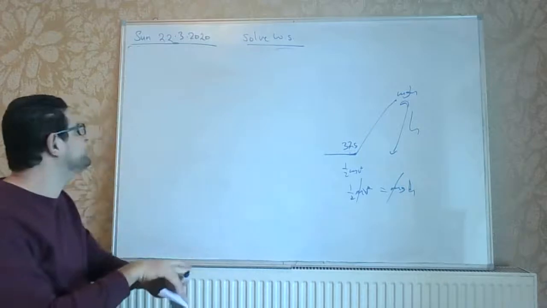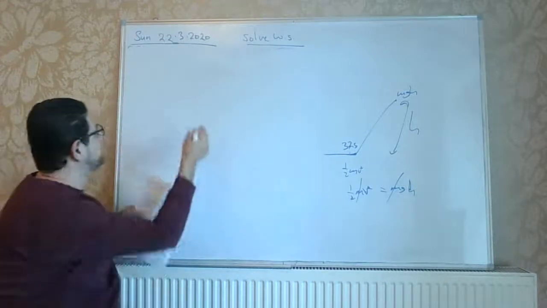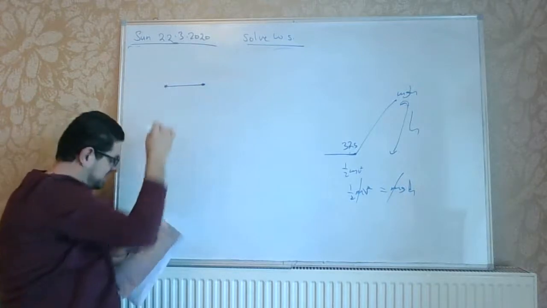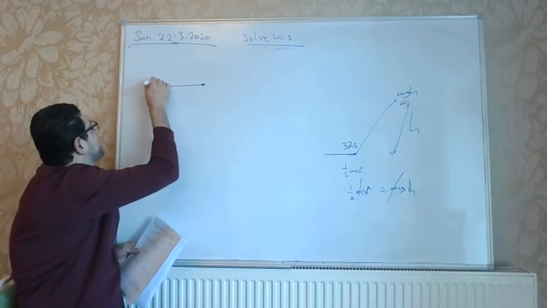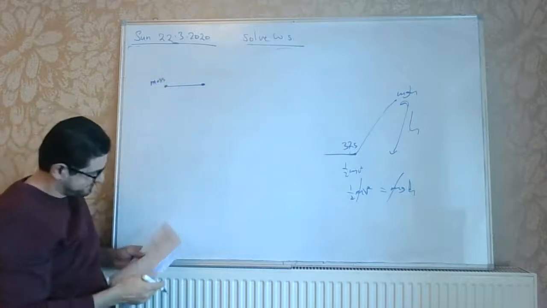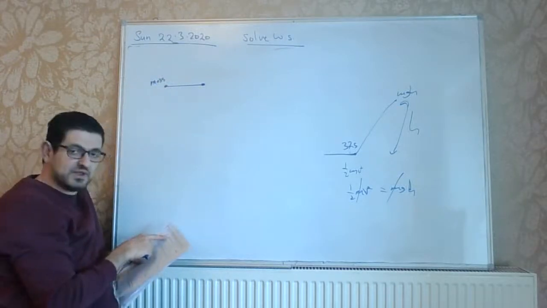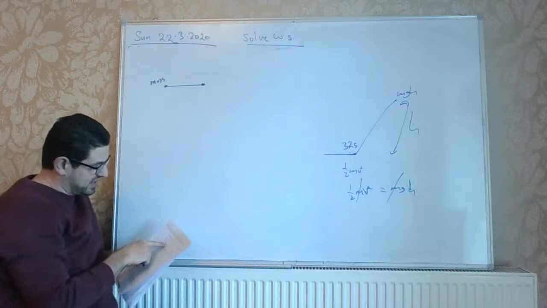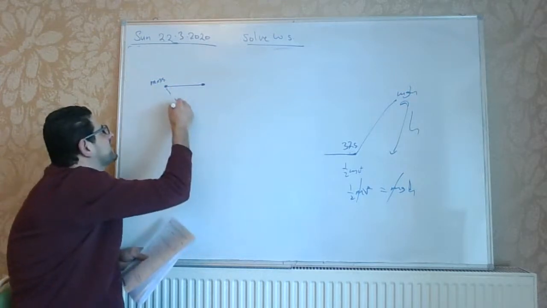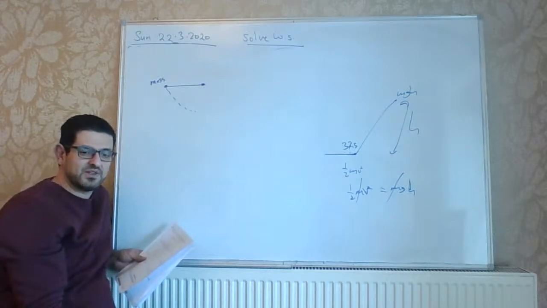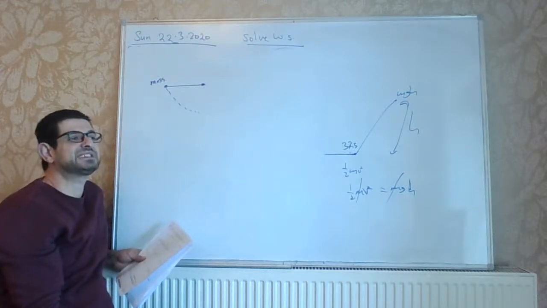Let's see. Now here is the pivot. This is the starting point, this is the mass. Now if it's going down, then the gravitational potential energy is decreasing, right?